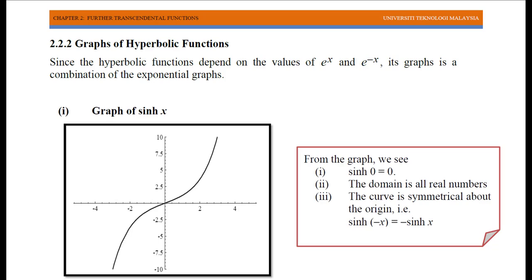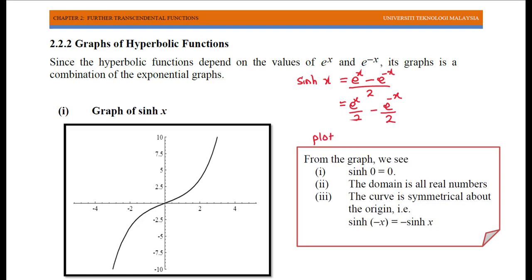For the graph of sinh x, you remember the definition: sinh x equals e power of x minus e power of negative x, divided by 2. We split this into e power of x divided by 2 minus e power of negative x divided by 2.